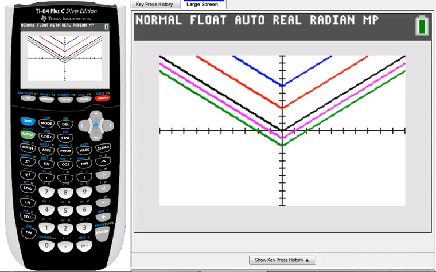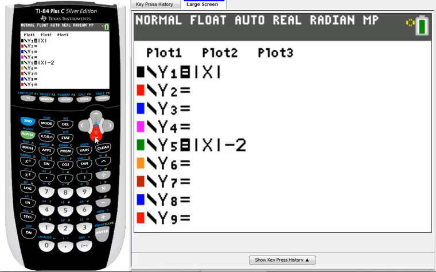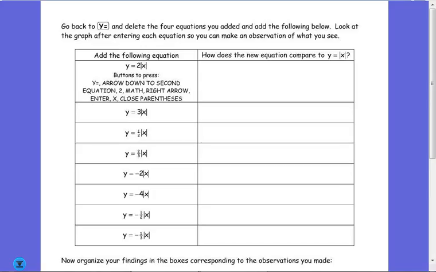So let's go back over to our graph, back to y equals, keep the first one. We're going to clear out each one of these. Okay. So let's go back up to y2 because that's where we're going to put in our first equation. It says, in the equation, you're going to put in the 2 before you press the math button.